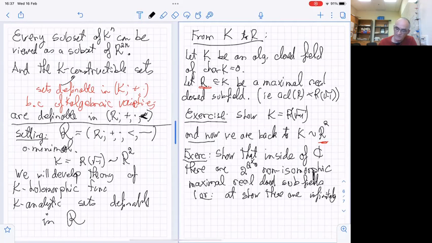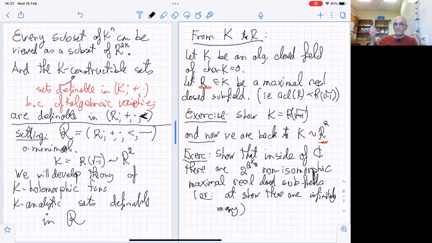So many such. Just to point out, there is nothing canonical about the reals from the point of view of the complex field. It is canonical in the sense that it has a complete order, etc. But from the point of view of C, just the complex field, there is nothing special about the real field.